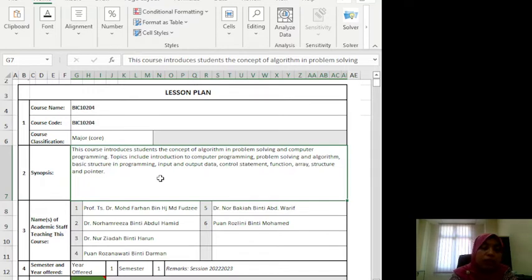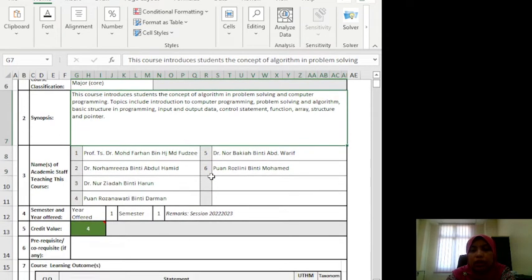Maybe after you go up to semester 2, 3, 4, you won't use C anymore, maybe you will use Java, PHP programming and so on. But everything uses the same things. For example, input output. All programming has input output, control statements, functions and so on. So this is our lesson plan.